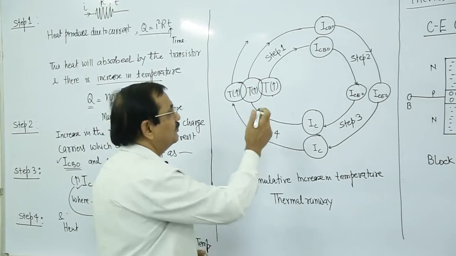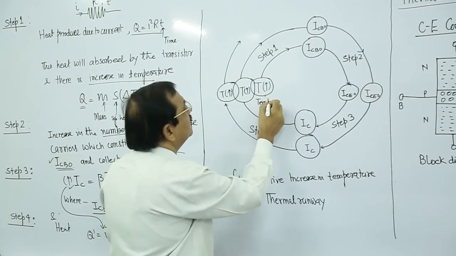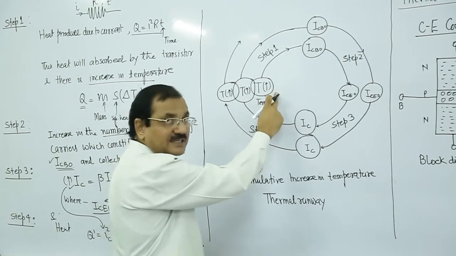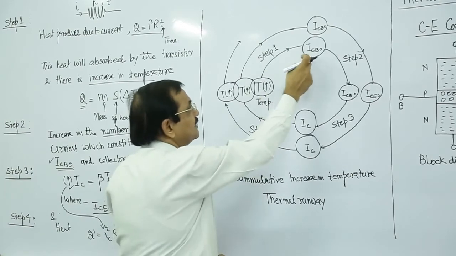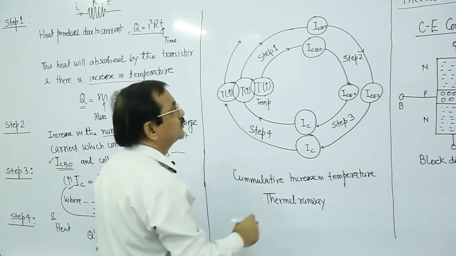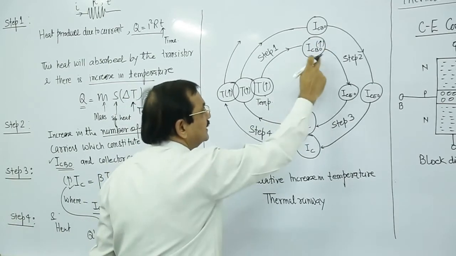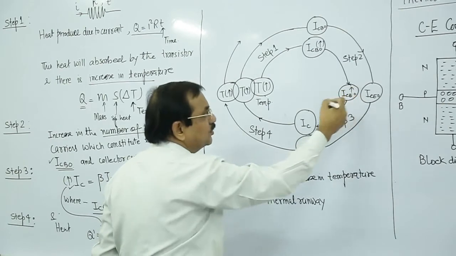In this diagram, this is the temperature. If the temperature increases, this will increase the minority charge carriers, so ICBO will increase, and this will increase ICEO.